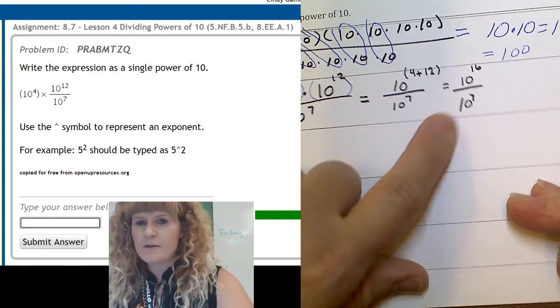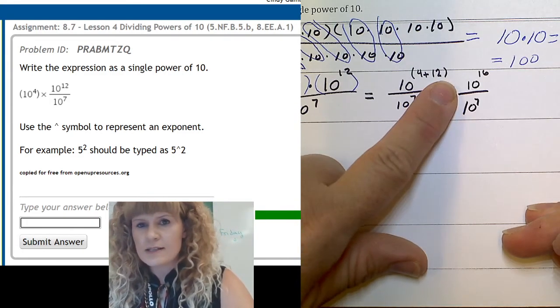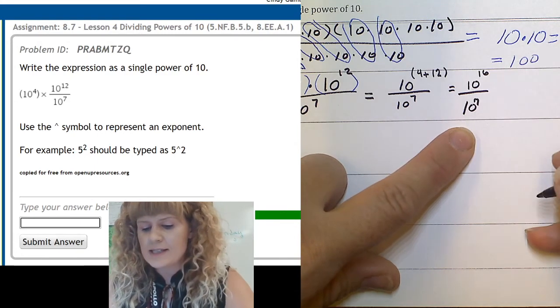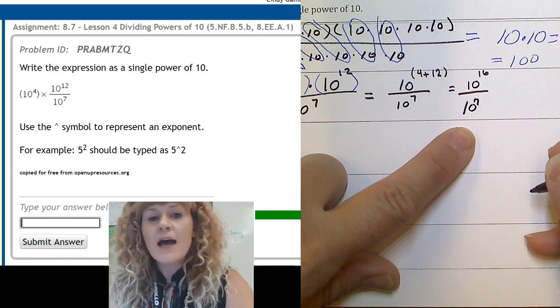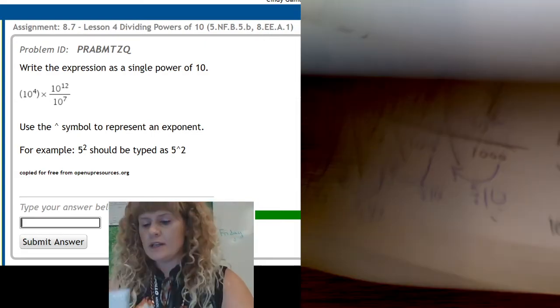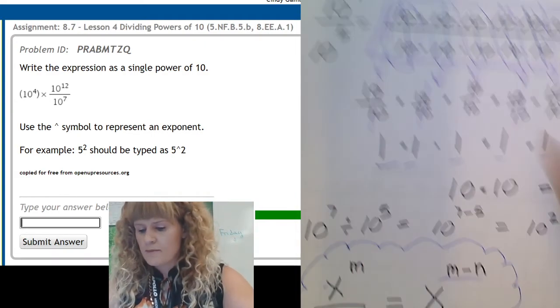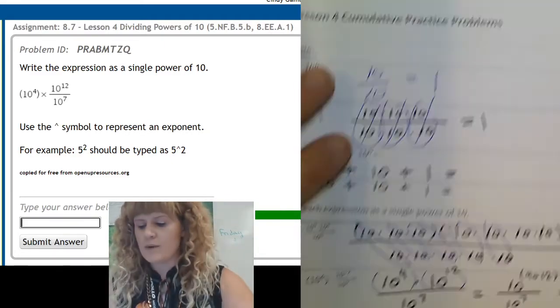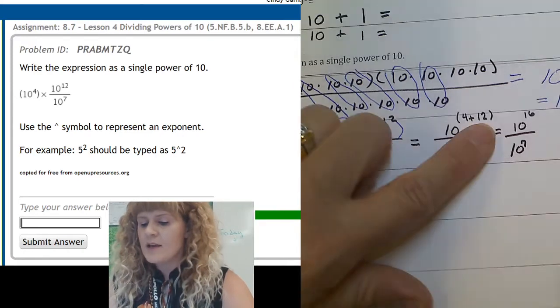Now I'm going to evaluate 10 to the 16 divided by 10 to the 7th. And I showed you the quotient rule in the notes, right? Remember that we can subtract the exponents when we divide the same base.